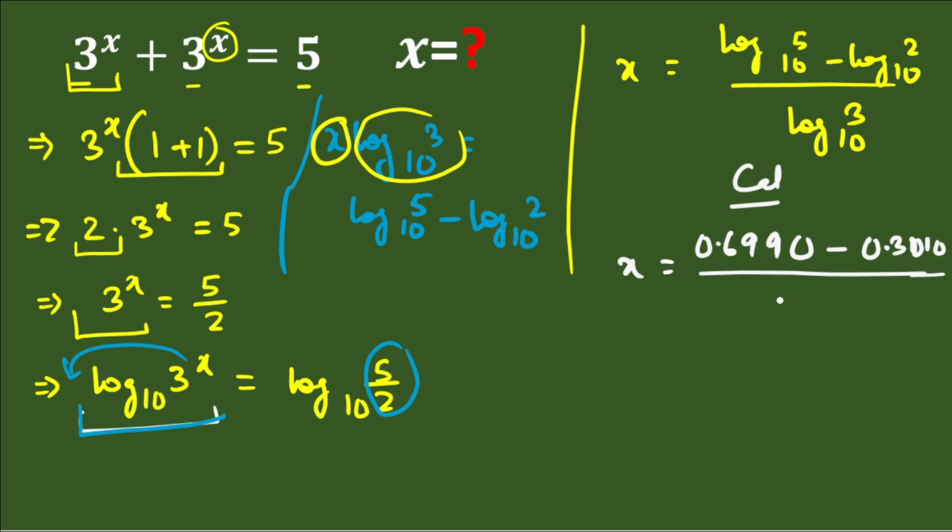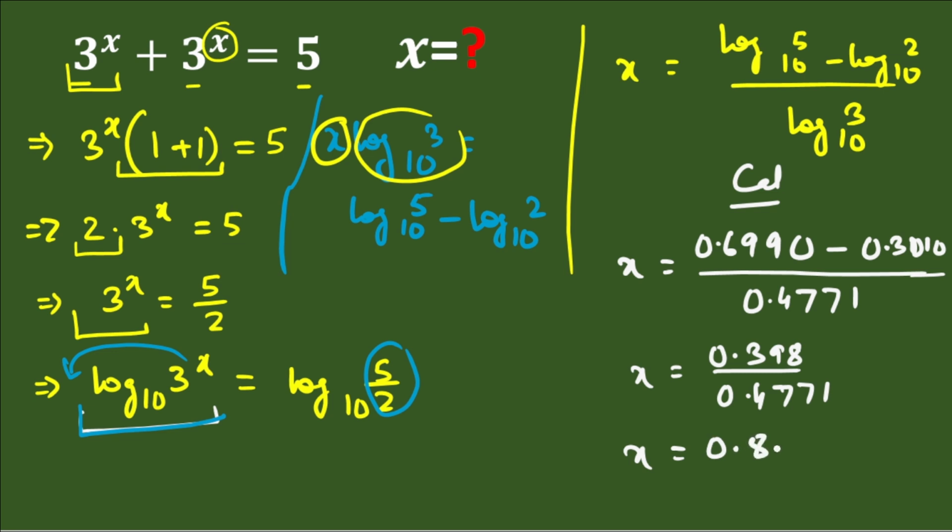Now the value of log 3 is 0.4771. Now we'll simplify it. So the value of x will be 0.398 in the numerator and in the denominator we have 0.4771. And now if we calculate, the value of x will be 0.8342. This is the value of x we have calculated here.